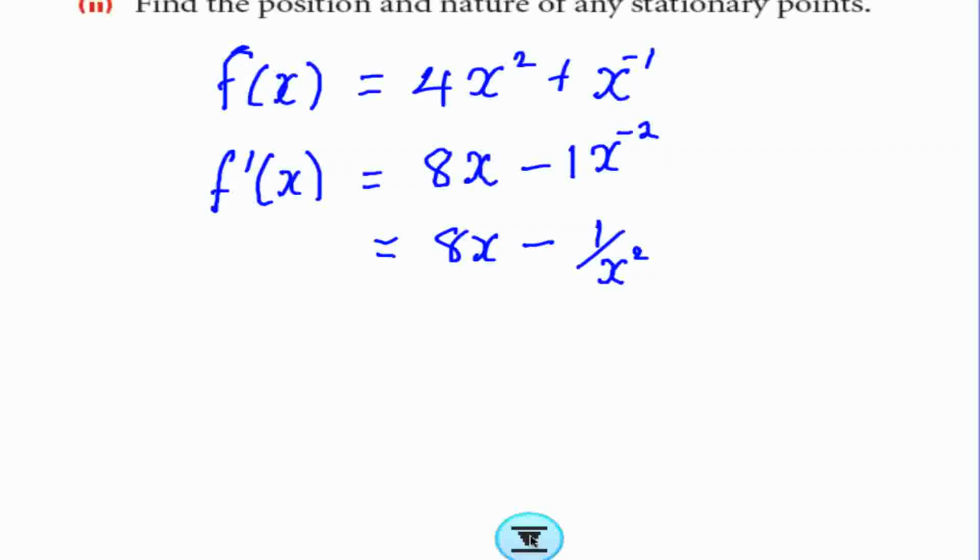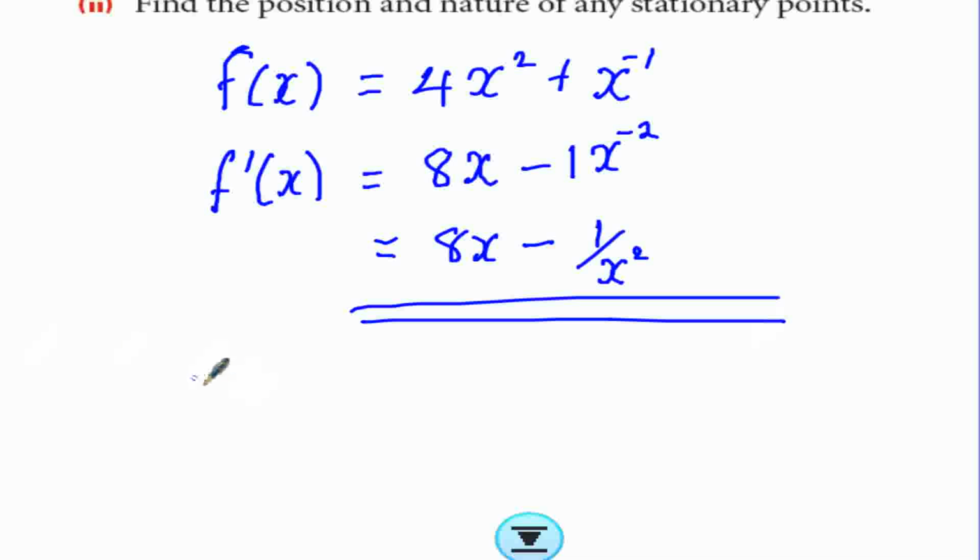Now the second derivative. Let me first underline this. This one is our first derivative. To find the second derivative, you differentiate the first derivative. So we are going to differentiate this answer, but instead of using this, we shall use this. Differentiating 8x gives us 8.